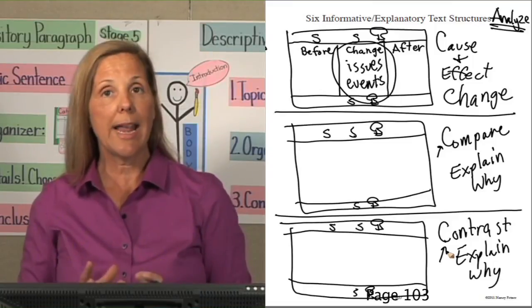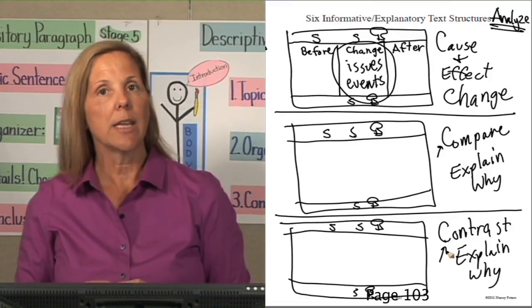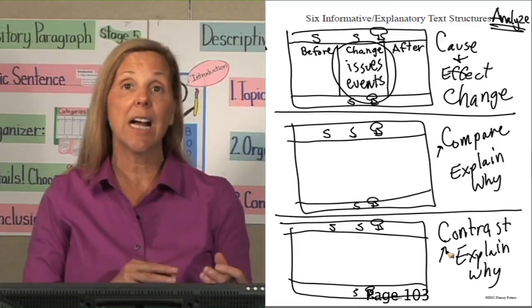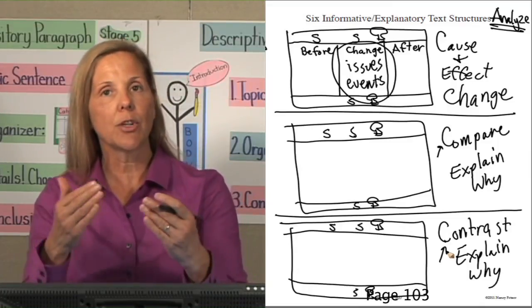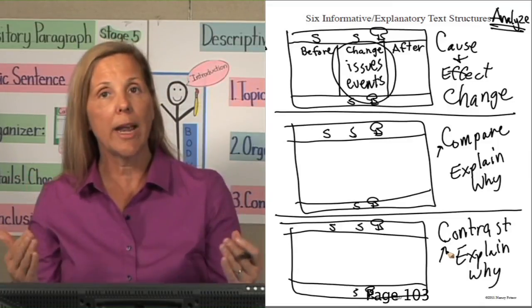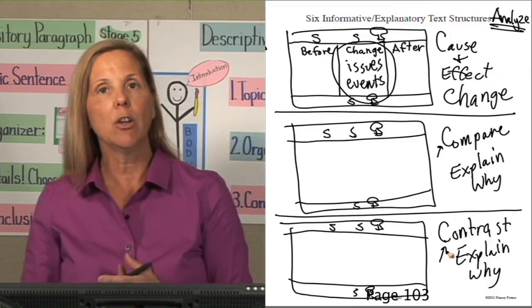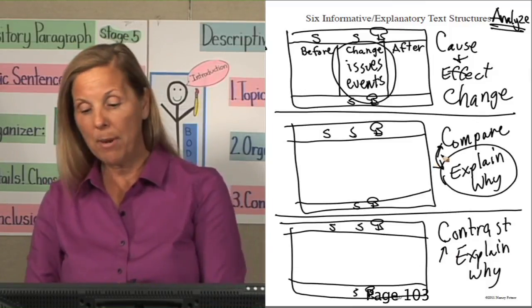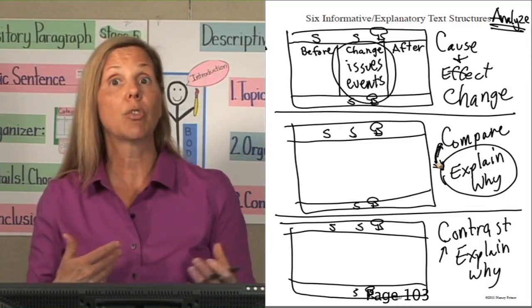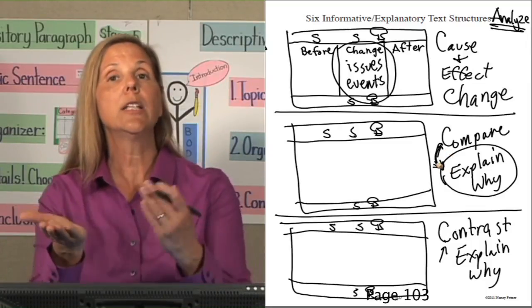They are separated out because the whole purpose is for you to do one or the other. And the reason why you either compare or contrast two or more things is to explain why. So I may be comparing, let's say, two characters from a story. Cinderella and Cendrillon.